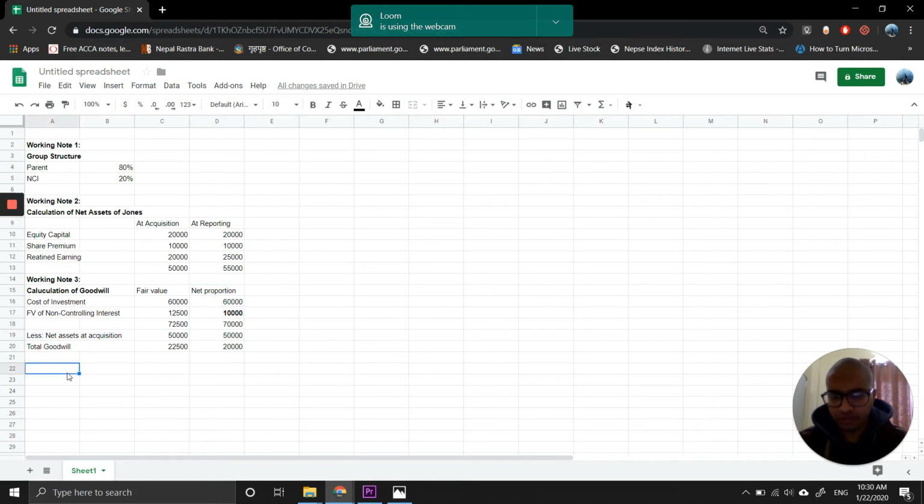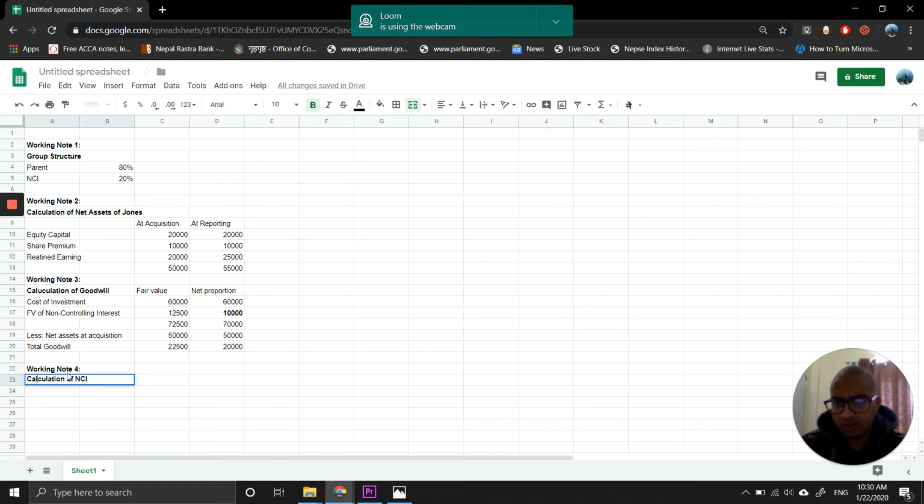Okay, so working note 4 would be the calculation of non-controlling interest, NCI, because we will need the figure of NCI in our balance sheet as well, right?